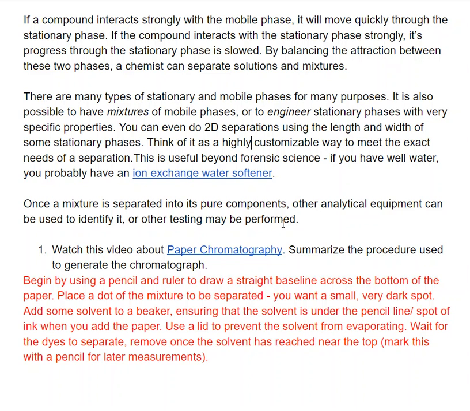And what that is, it's just taking advantage of things like iron and calcium and their differing attraction for a resin in order to separate that out from your drinking water. So once a mixture is separated, we can use other analytical equipment to identify it or do other tests.